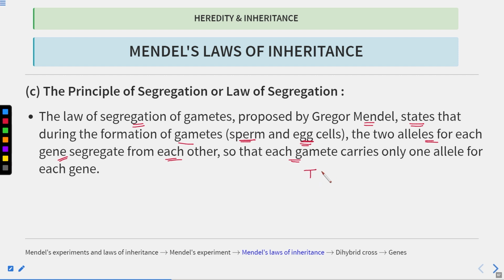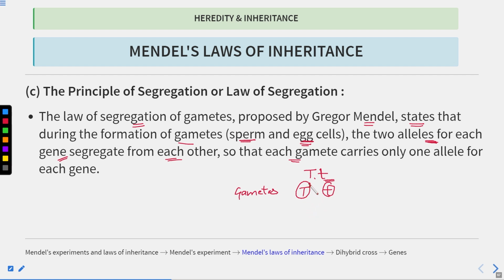So if we have T and small t, then what happens? What are the gametes formed here? The gametes formed will be T and small t. So you can see the two alleles for each gene, capital T and small t, segregate during gamete formation.